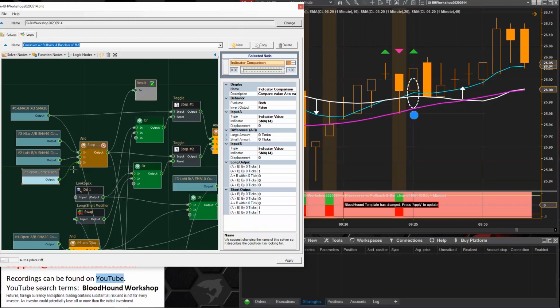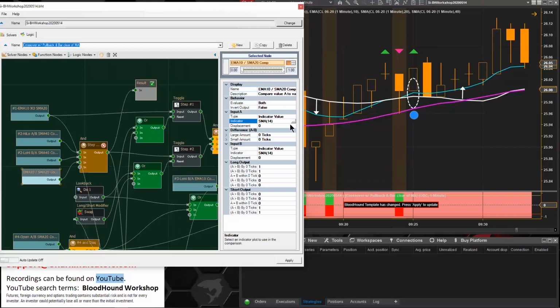There we go. Connect that in. All right, so we're just comparing the EMA 10 to the SMA 20 here.